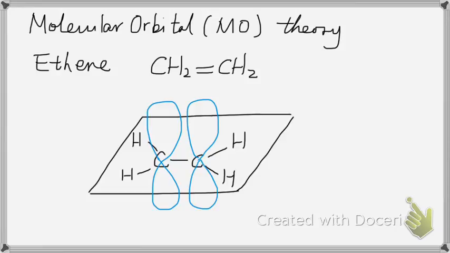Each of the p orbitals on the carbon will have 1 electron, and these 2 p orbitals on 2 carbons can overlap side by side to give the pi bond. So now we are going to take a look at the molecular orbital of this pi bond.